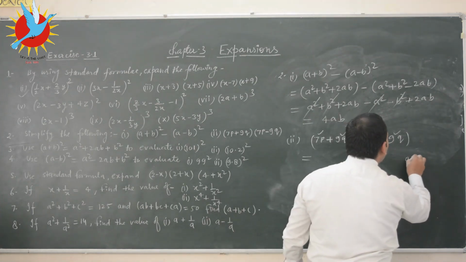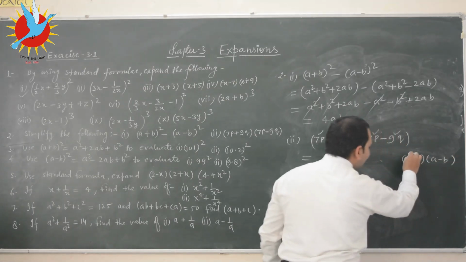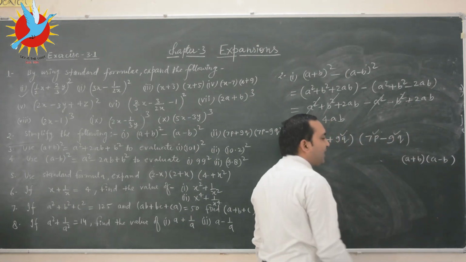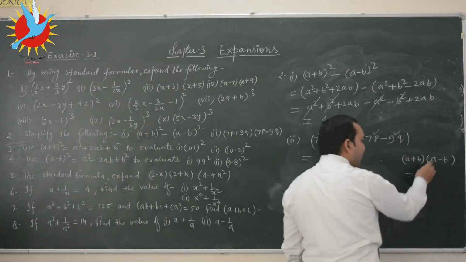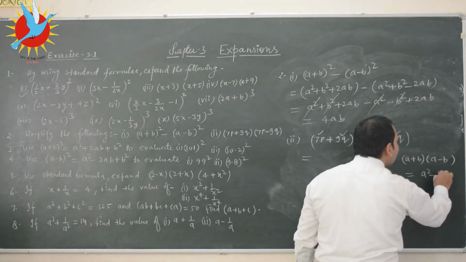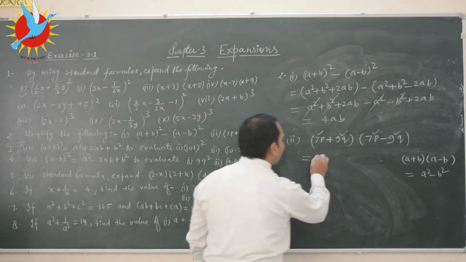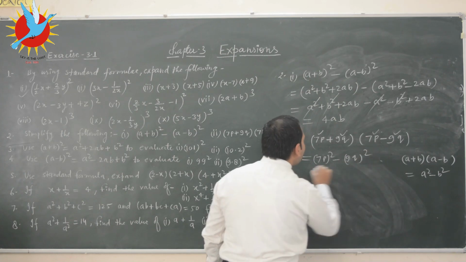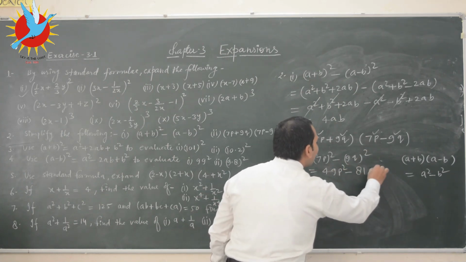So (a plus b) and (a minus b), we have one formula: (a plus b)(a minus b) is a square minus b square, meaning first term whole square minus second term whole square. So (7p) whole square minus (9q) whole square, which is equal to 49p square minus 81q square.